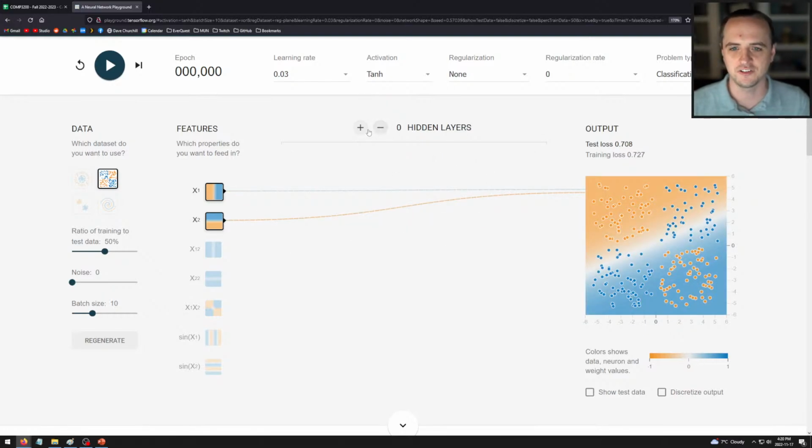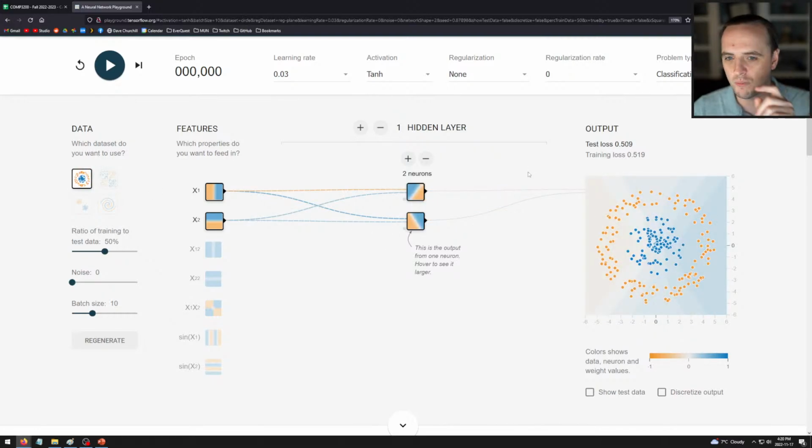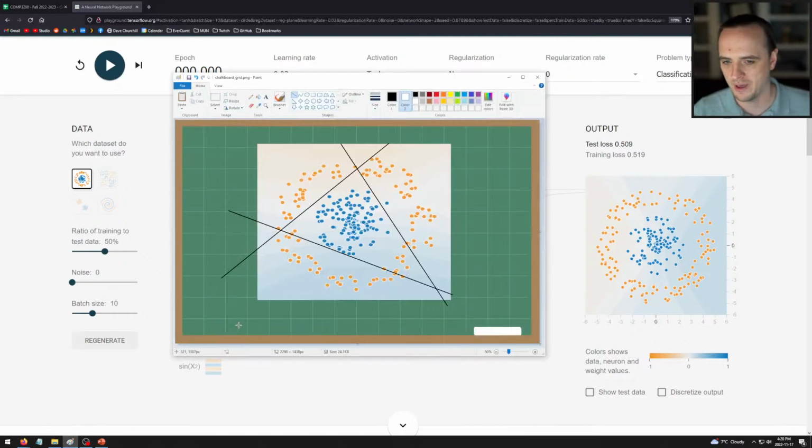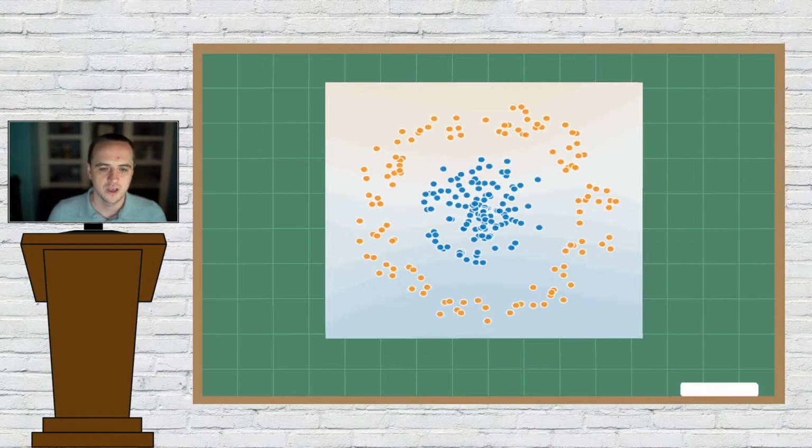However, something else that's important that I want to show you is we're going to go back to this example, and I'll go back to the blackboard. So not only does it matter how many lines we're drawing, but it also matters the space that we pass the points in, right?